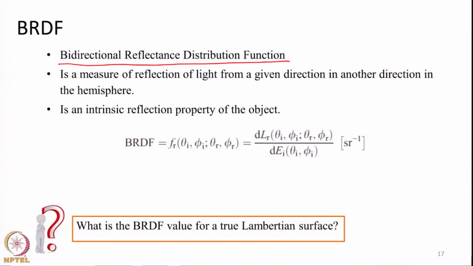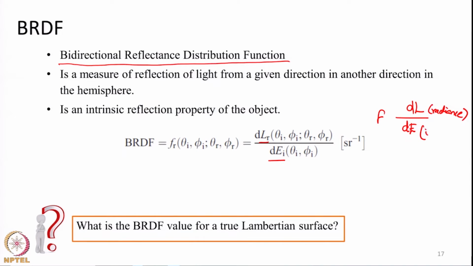So, what is the definition of BRDF? BRDF is defined as the radiance reflected or outgoing from an object, divided by the incoming energy, that is, the irradiance received by the object.